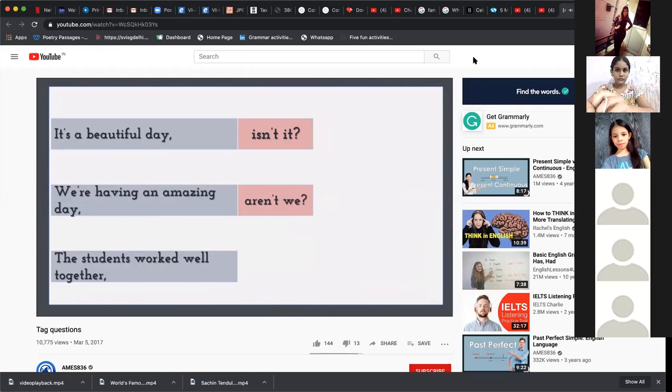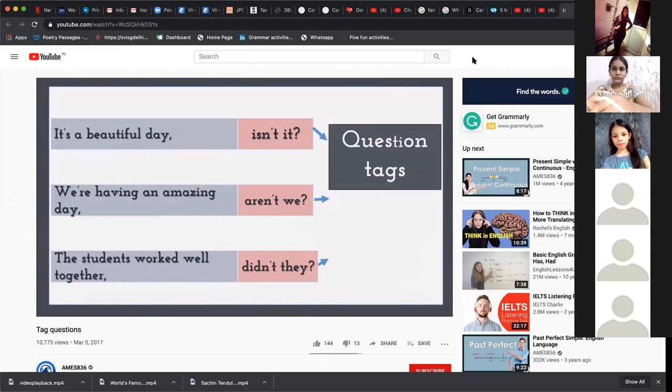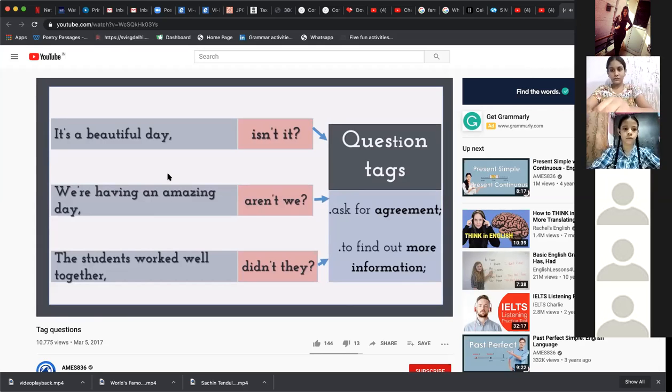Aren't we? And didn't they? Are called question tags. They are short questions at the end of statements that we use to ask for agreement, or when you want to find out more information.